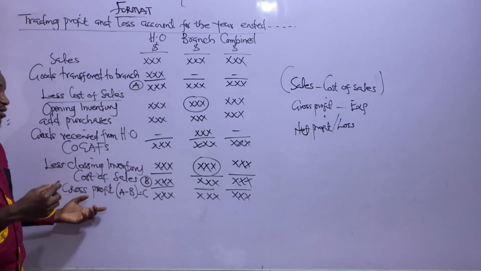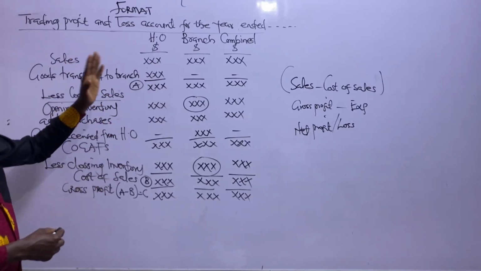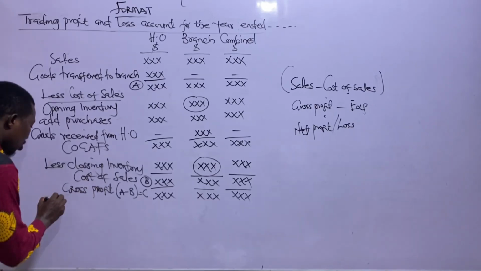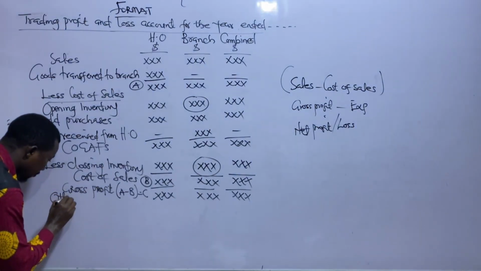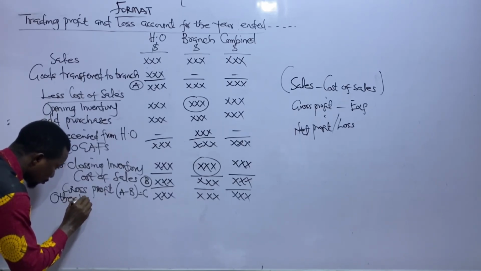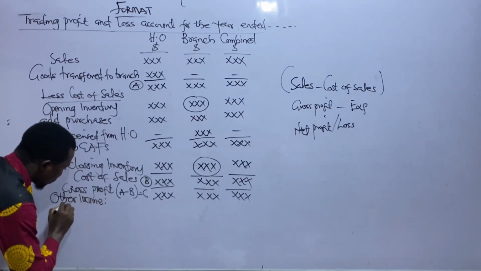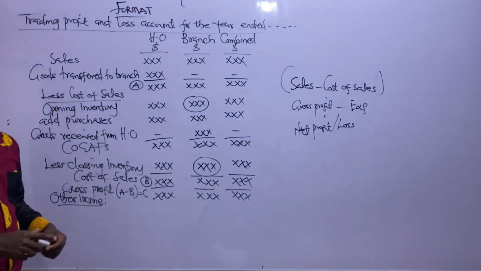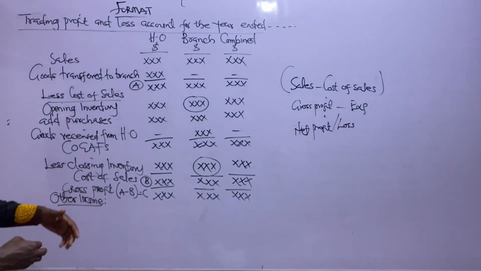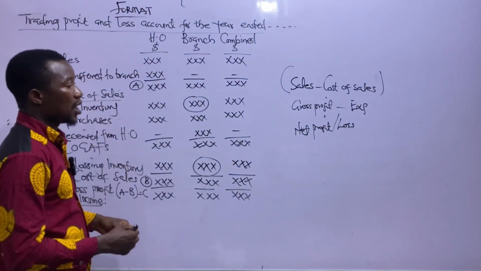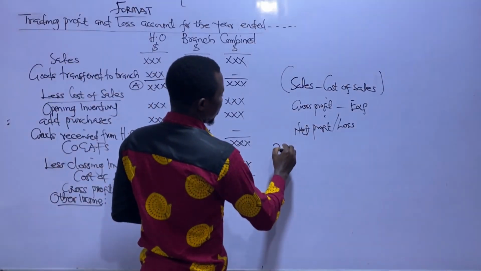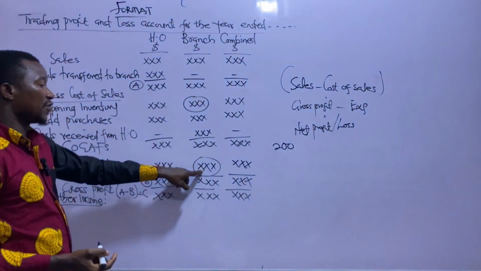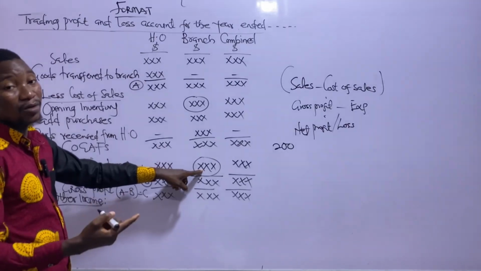After arriving at the gross profit of the autonomous branch, then we have to consider other income. So if there is other income, you add it. An example of other income under autonomous branch could be a decrease in provision for unrealized profits. From the trial balance, there could be a provision for unrealized profit of, let's say, 200. I told you that we have to work out a provision for unrealized profit on the closing inventory and probably goods in transit.